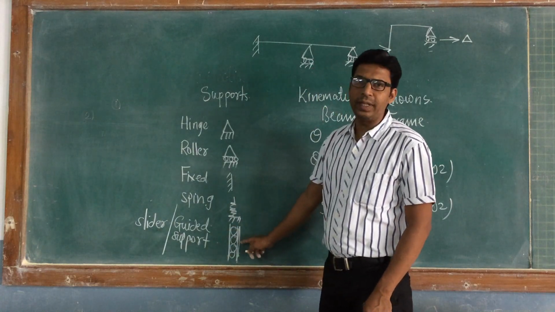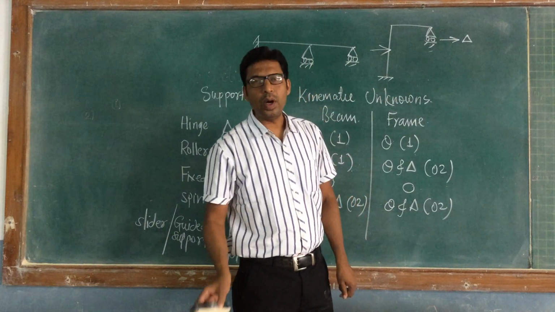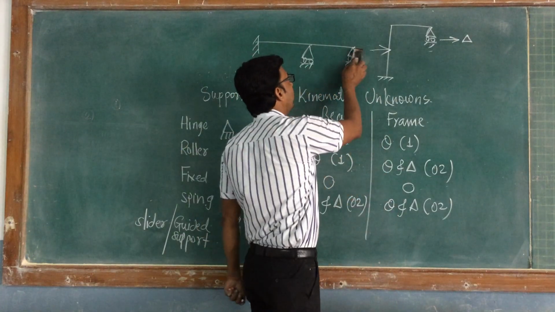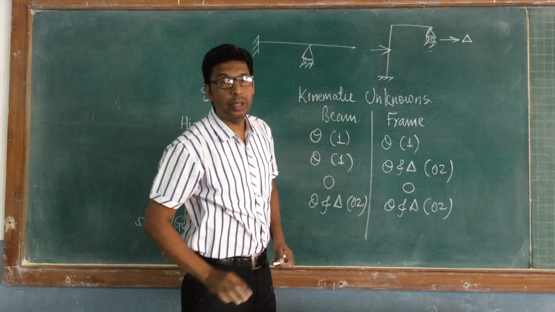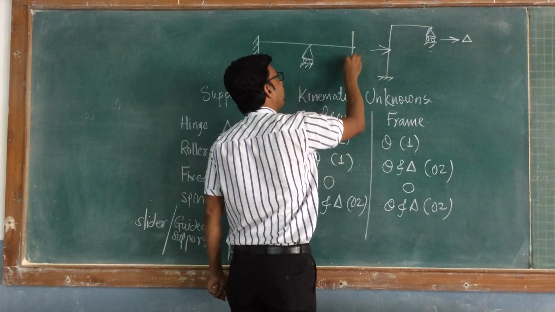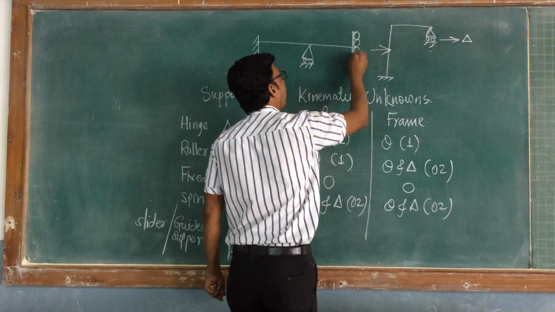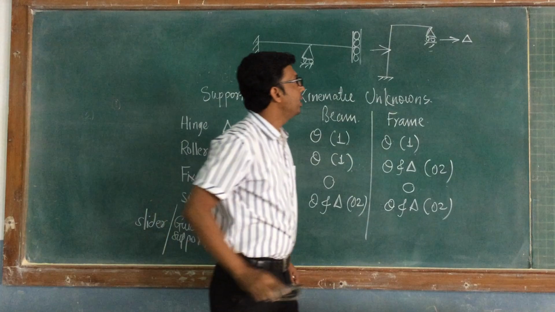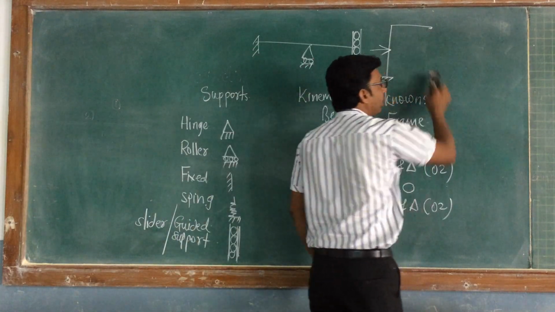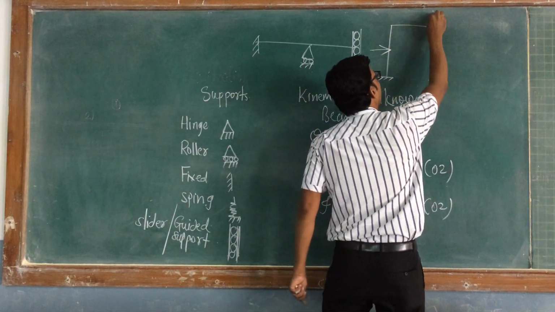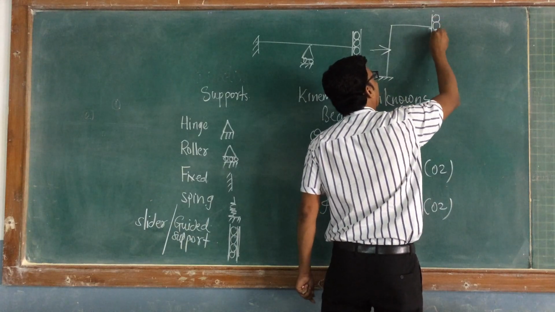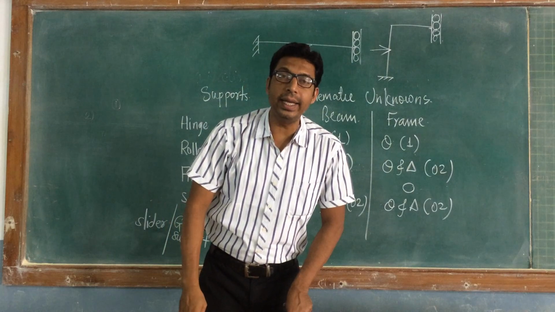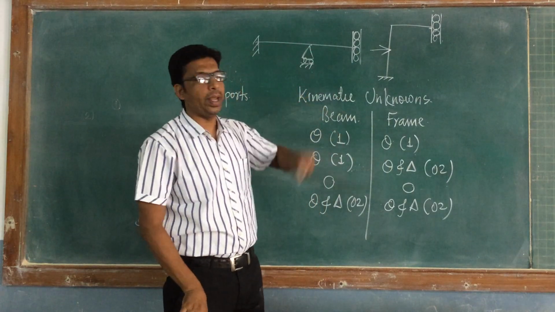Now what is the meaning of this support? This support is normally provided at the end of the structure, like this. It is always provided at the end of the structure, beam or frame.